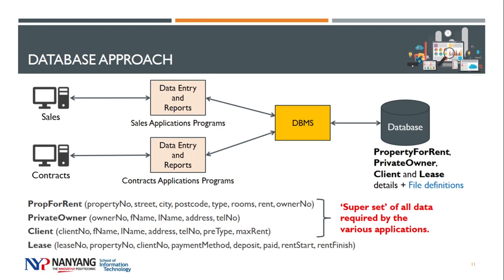However, compared with the file-based approach shown earlier, the physical structure and storage of the data are now managed by the DBMS. So you can see that the data is no longer duplicated in each department. There is only one set of common data shared by both departments, and this is found in the database.